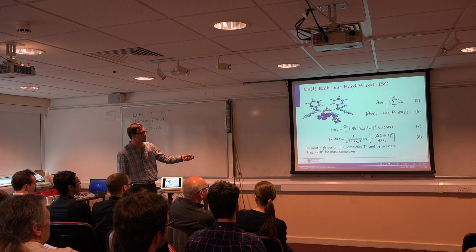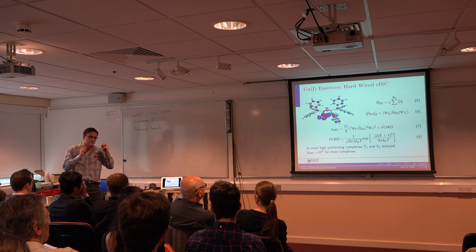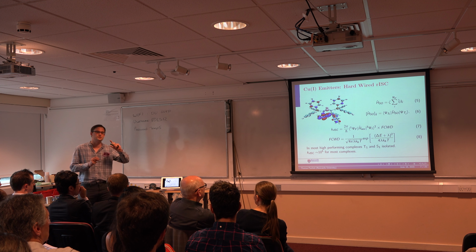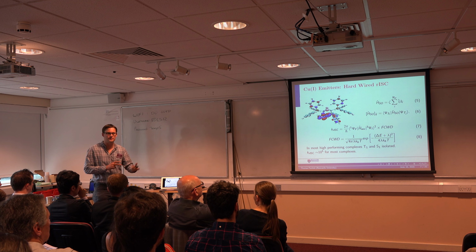To have a large spin-orbit coupling, any change of the spin must also be compensated by a change in angular momentum. What this means is that if you have two charge transfer states, the spin-orbit coupling is going to be, by definition, very small, if not zero, because your change of spin is not compensated by a change of angular momentum with the orbitals involved in your excited state.